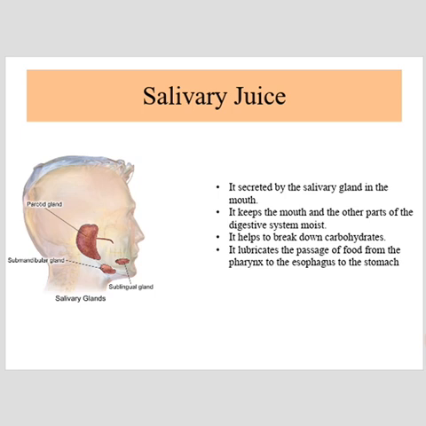Also, it helps to break down the carbohydrates. Another function of the salivary juice is to lubricate the passage of food from the pharynx to the esophagus to the stomach.